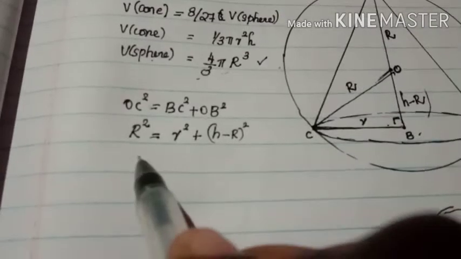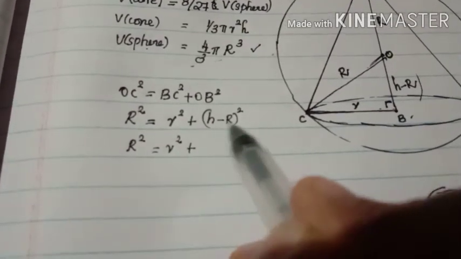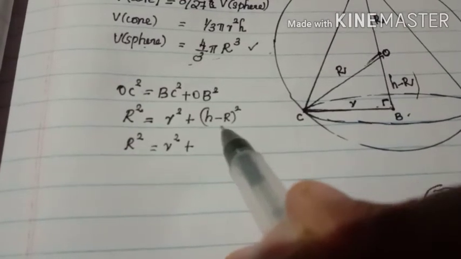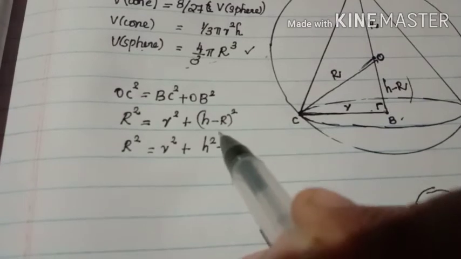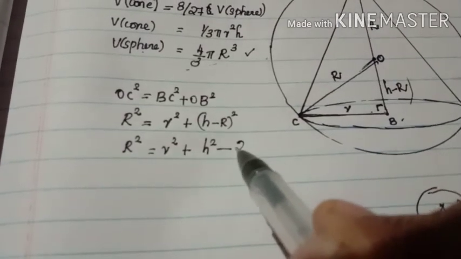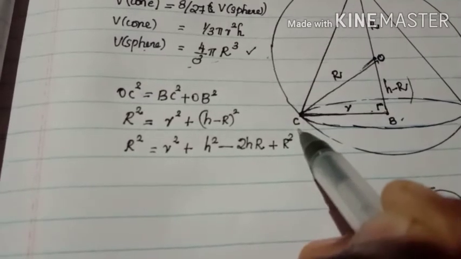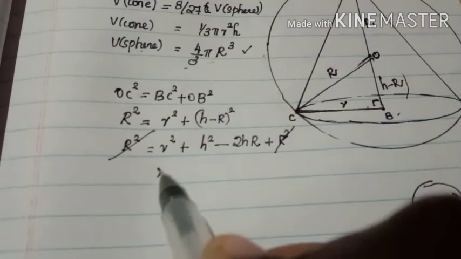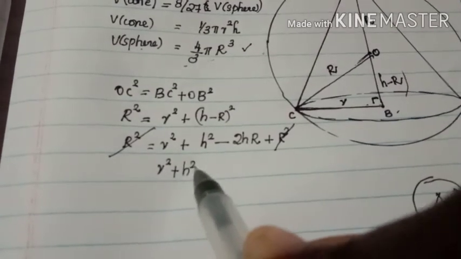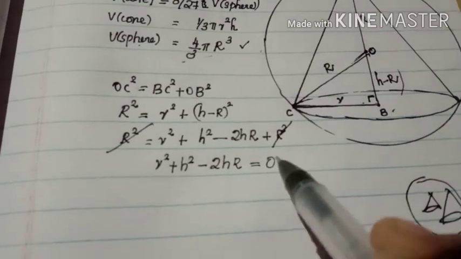Now simplify, R square equals r square plus, expand h minus R whole square using a minus b whole square. So this becomes h square minus 2hR plus R square. Now we can cancel this R square. It becomes r square plus h square minus 2hR equal to 0.